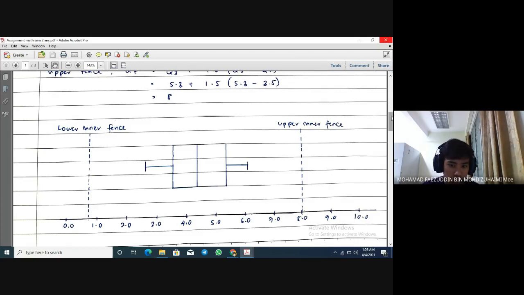First, we must draw the straight horizontal line as the x-axis, and we must put all the scale from 0.0 to 10.0. And then we must draw two vertical dotted lines as the lower inner fence and upper inner fence.